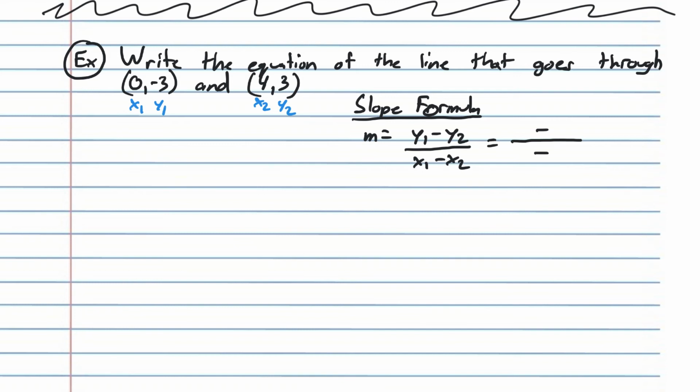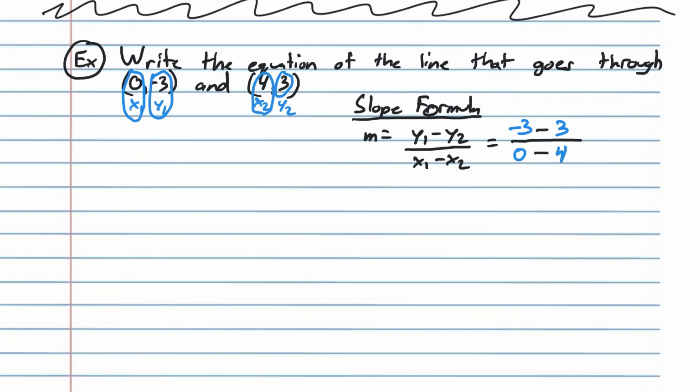So on top, our y values are -3 and +3. But notice that the minus sign I put in there in the beginning makes a big difference. Okay, that's why I suggest putting those minus signs in at the beginning so you don't forget about them. And then the x values, x1 is 0 and x2 is 4.